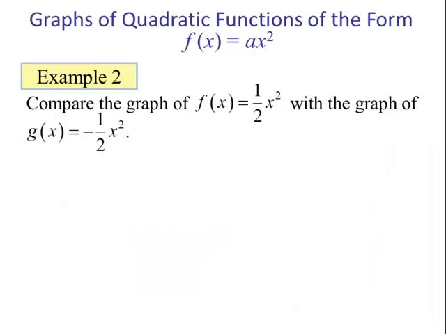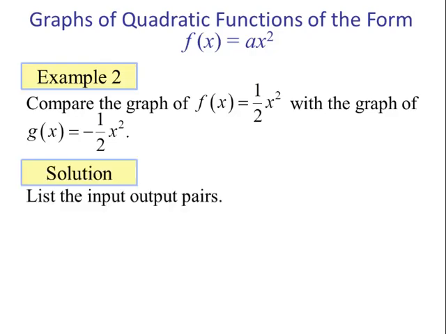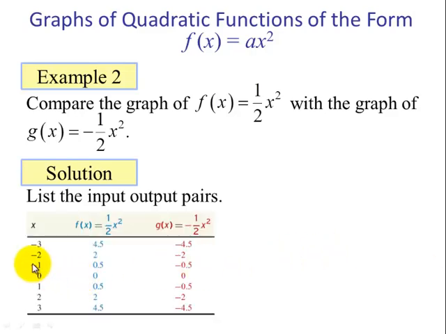Let's do another example. Example 2. Compare the graph of f of x equals 1/2 x squared with the graph of g of x equals negative 1/2 x squared. Solution: again, if we construct a table of values, pick some negative x's, some positive x's, and 0. Here we have the outputs for f of x. Here we have the outputs for g of x.